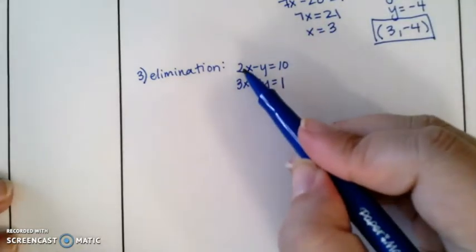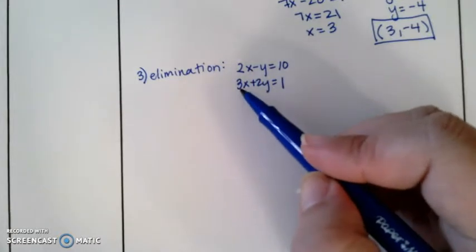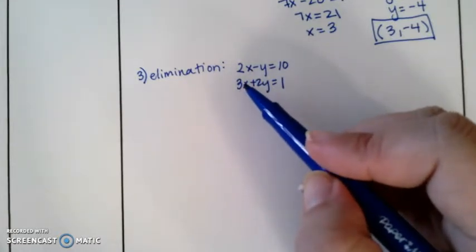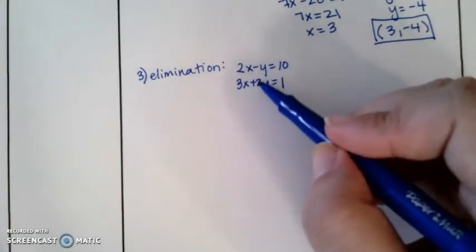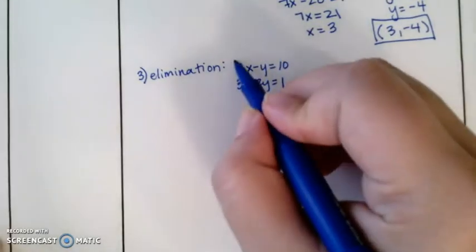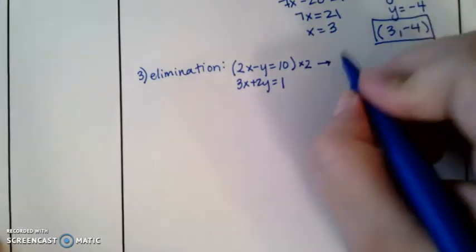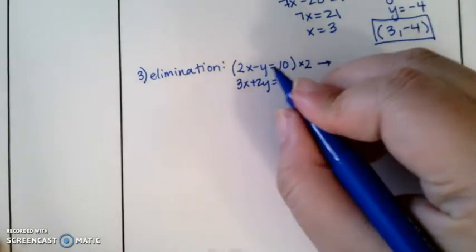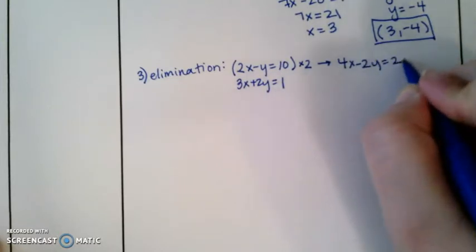Now, in order to eliminate one of the variables, I want their coefficients to be opposites. 2 and 3 are not close to being opposites. There's no factors that they have in common. However, here I have negative 1 and 2, so if I just multiply negative 1 by 2, I already have that they're opposites. So if I take this equation and multiply it by 2, making sure you multiply each term, what I'll end up with is 4x minus 2y equals 20.